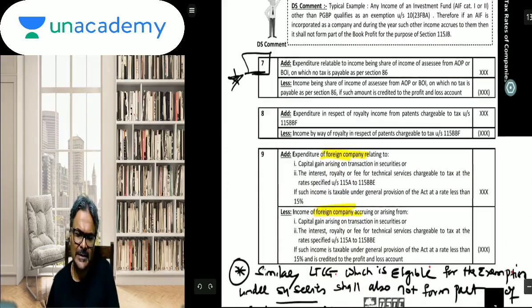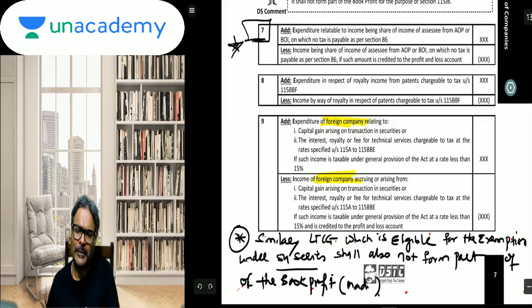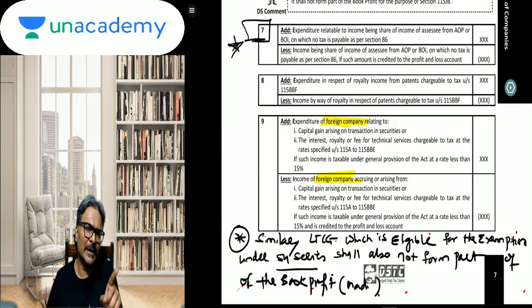Now we come to the next point, number 8. Students, this point number 8 I have already touched upon while we were discussing the taxability of the royalty income.